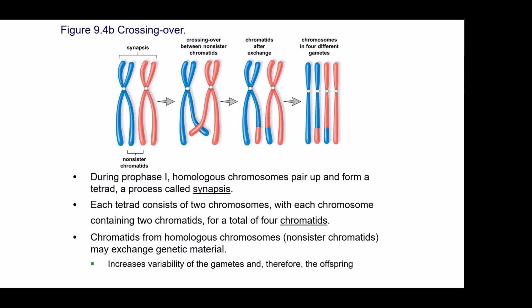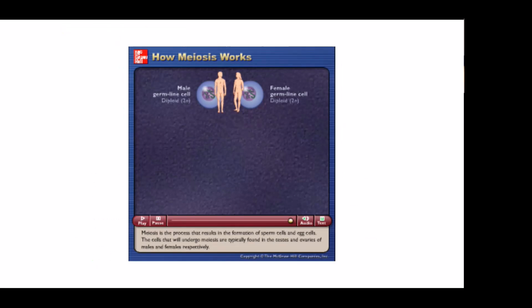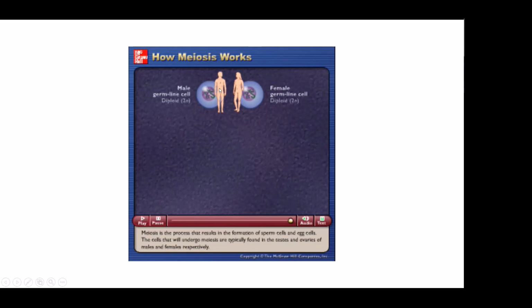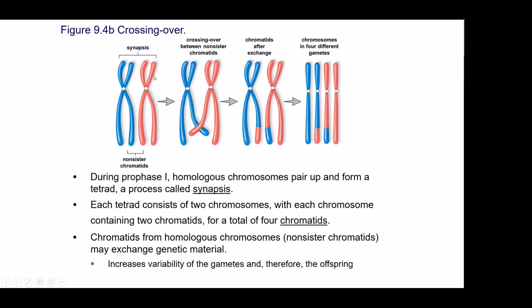Now, I've already mentioned one area where meiosis really helps with variation within the species, where which chromosome lines up where is a very important component. Another thing that can happen when the homologous chromosomes are all lined up is what's called crossing over.